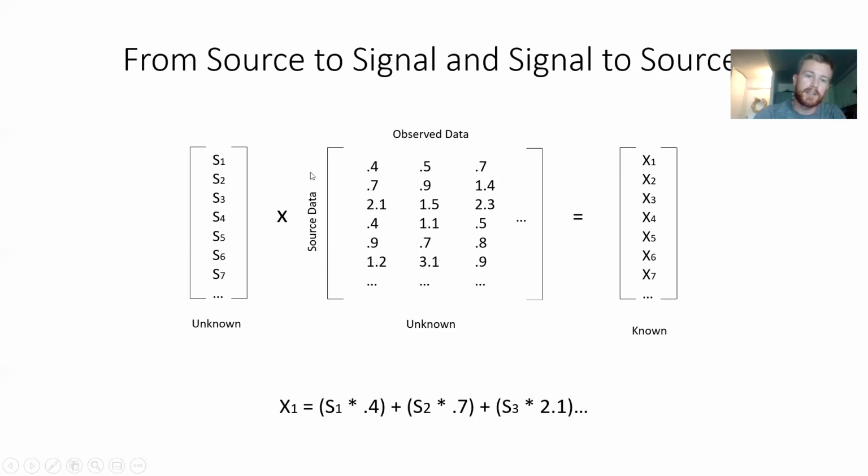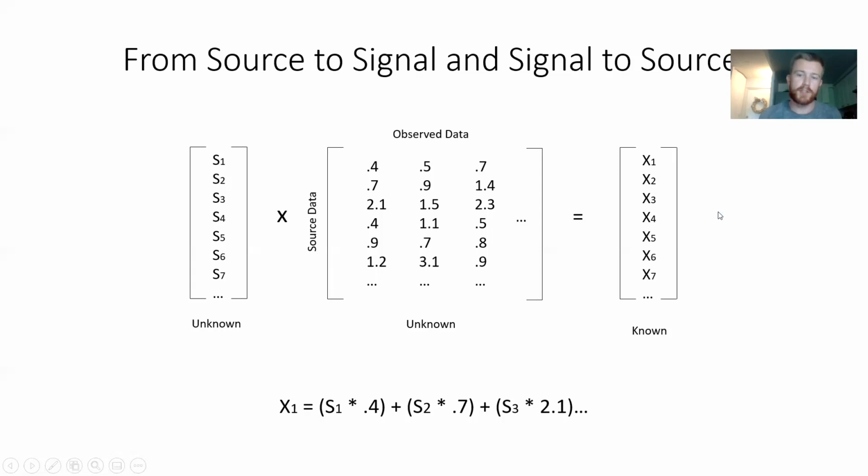So you can see here, this is source 1, source 2, 3, 4, 5, 6. We're going to go source 1 times this weight, plus source 2 times this weight, plus source 3 times this weight, and you can see it down here, and that's going to give us X1. So this mixing matrix is just a simple way of knowing how much of each source we have to combine in order to get to the signal that we recorded.